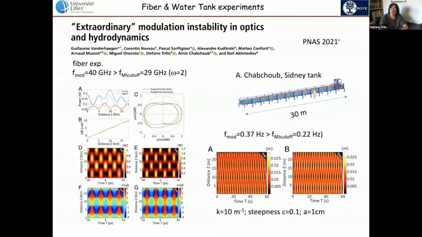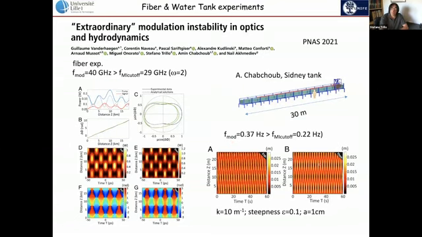This is now published in PNAS this year. You can clearly see that if you have omega much larger than the cutoff, here 40 GHz, where the cutoff is at 29, you can still measure these phase shifted orbits and you can still get some amplification. And the same in water.